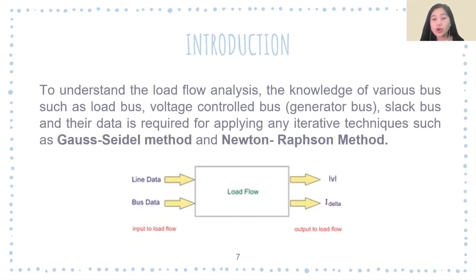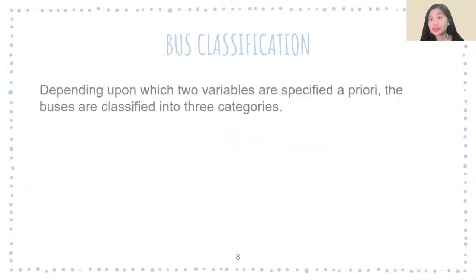So moving forward to the bus classification, it is important for us to know the classification of the different buses to be able to apply them and to know the conditions that can be applied to each classification.